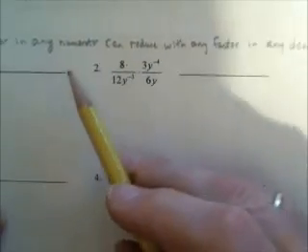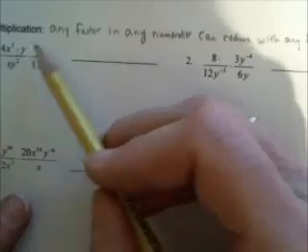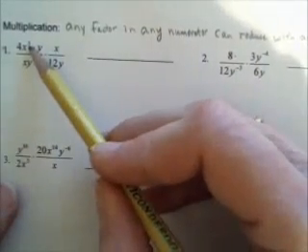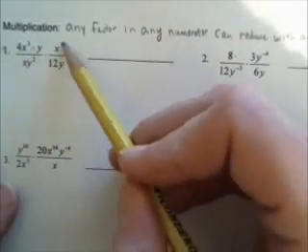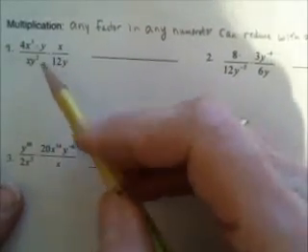And what do I mean by that? What I'm going to do is I'm going to look at this. We have two fractions. We have a numerator, denominator, numerator, denominator. These are all factors. None of them are terms.